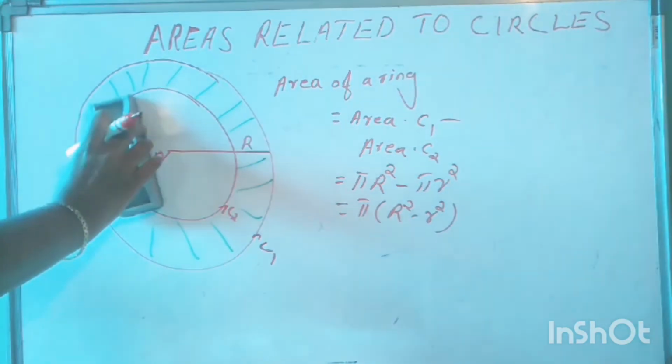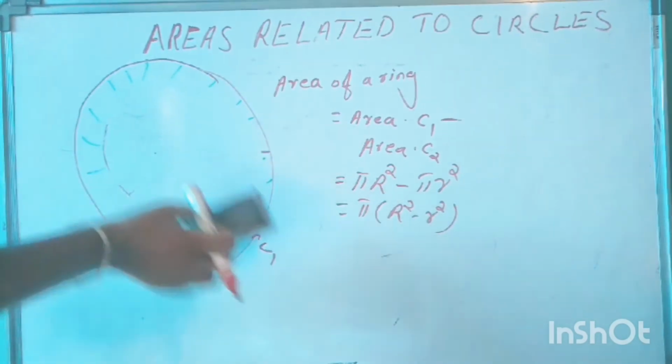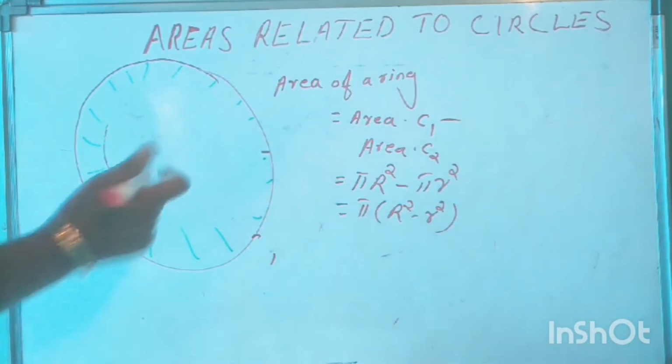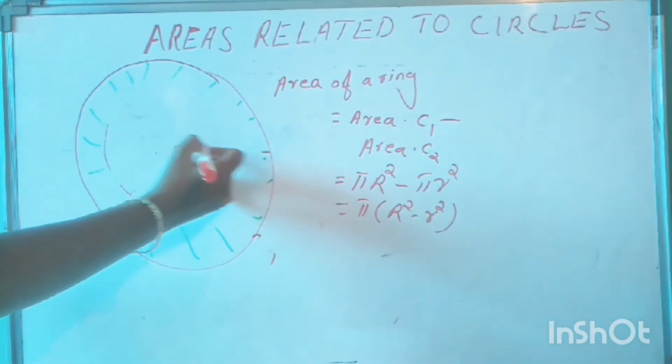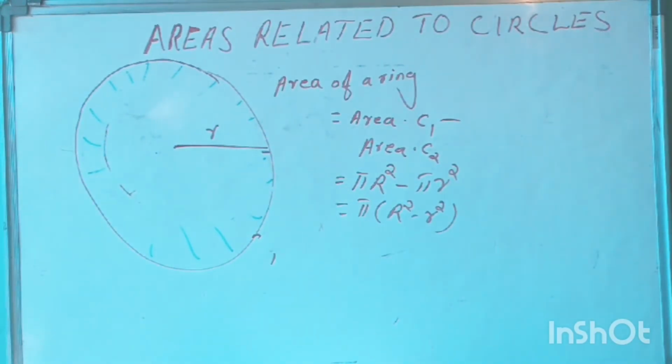Suppose this is a circular wheel and the radius of the circular wheel is small letter r and it completes n revolutions in 1 minute. n revolutions means n rounds.